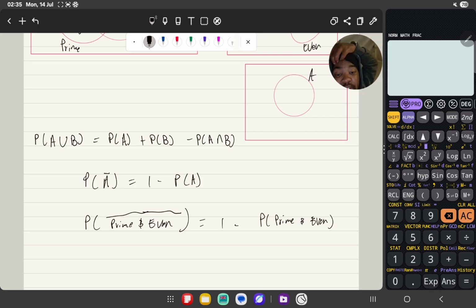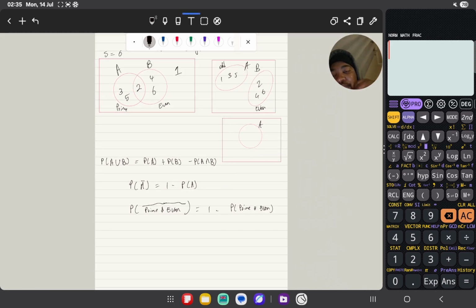Yeah, just using the formula, right? So basically on our diagram we have 1 outside, right? So most likely the answer has to be 1 over 6, right?